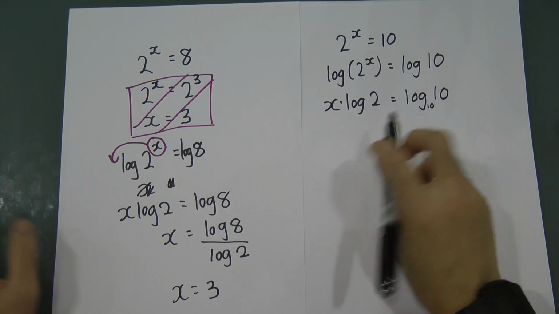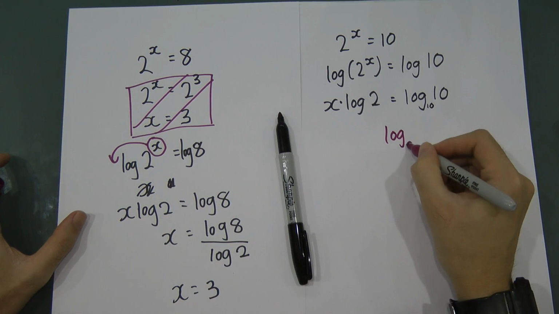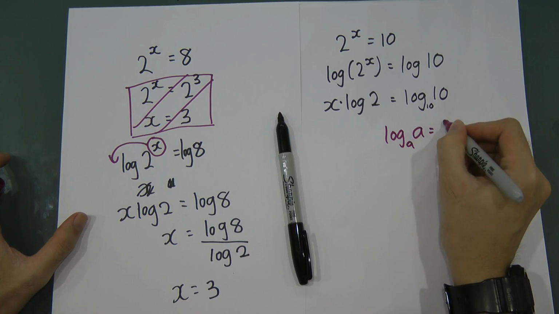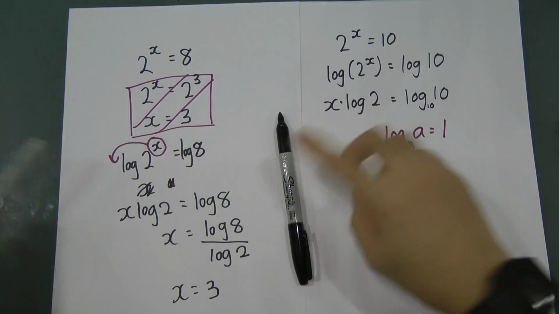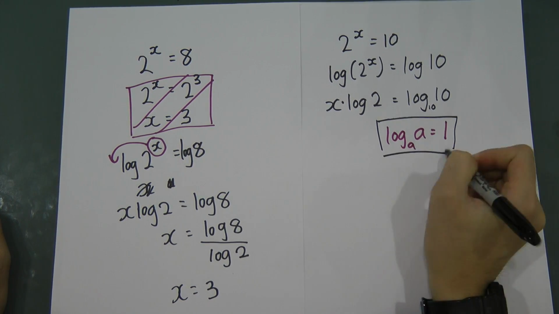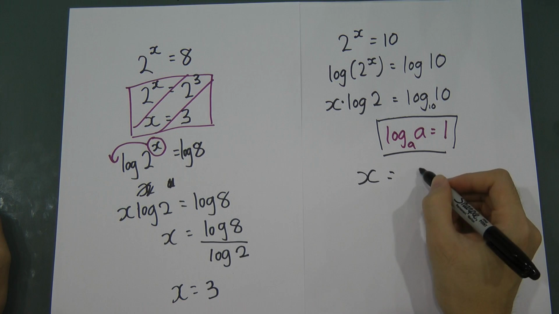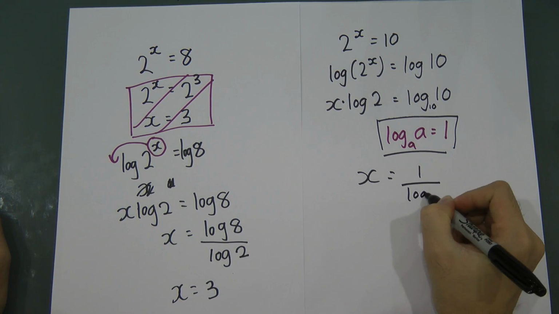When I never write anything on the base of log, we know this one means base 10. In log we have one law: if log a with base a, meaning the base and the number are the same, equals 1. Therefore, this one is equal to 1. So x equals 1 divided by log 2.